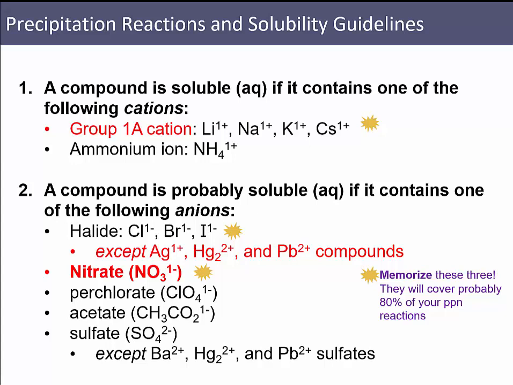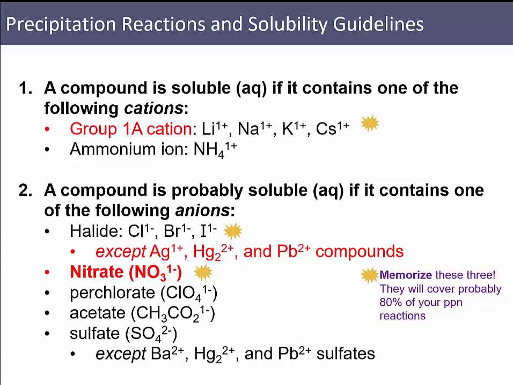So there are very few things I'm going to ask you explicitly to memorize. This is one of these things that I'm going to ask you to memorize. We're going to go over the rules, but I'm going to ask you to memorize 3 of them. So if a compound is soluble, if it contains one of the following cations: a group 1 cation, lithium, sodium, potassium, cesium, francium, or ammonium.